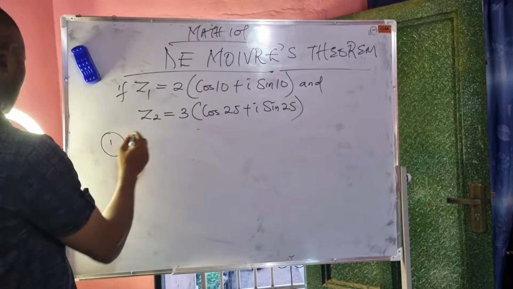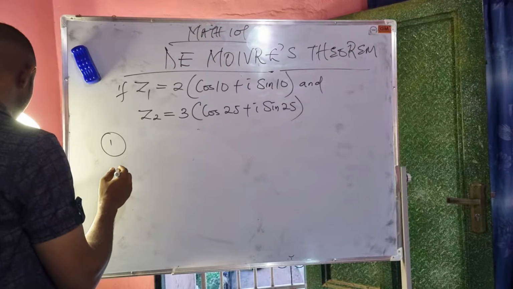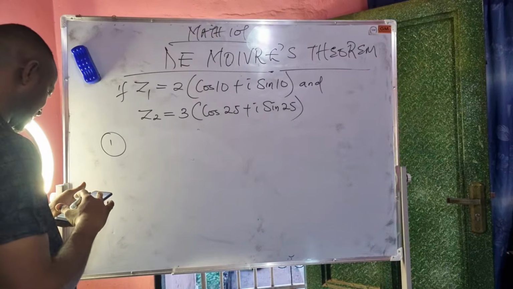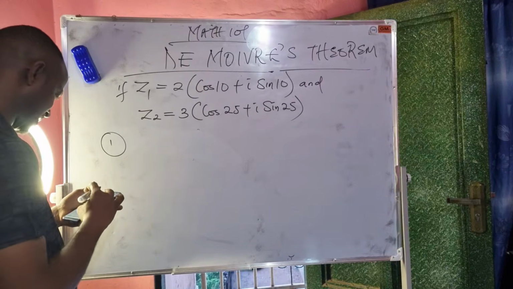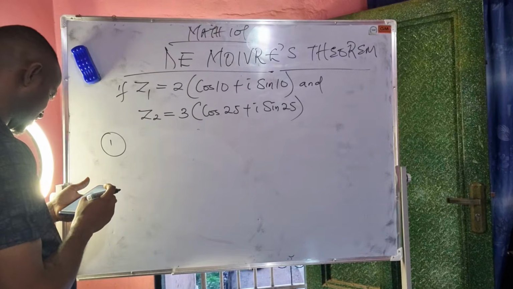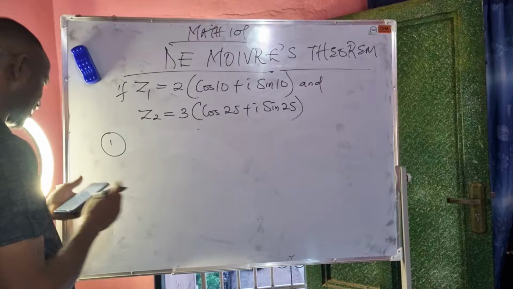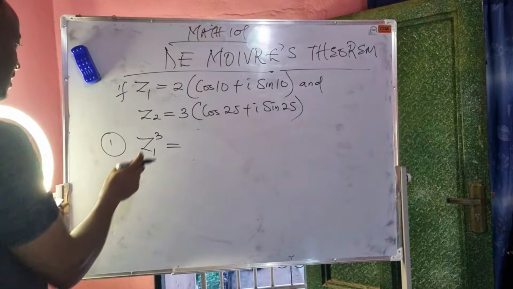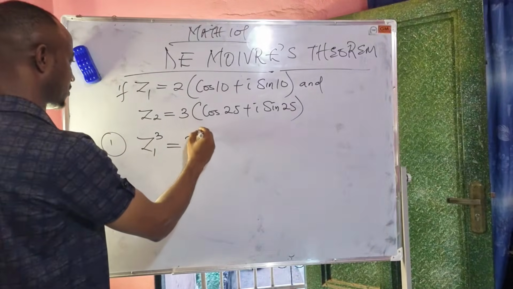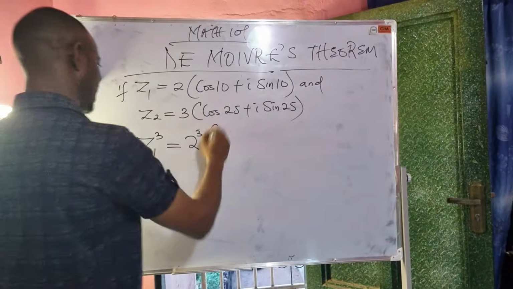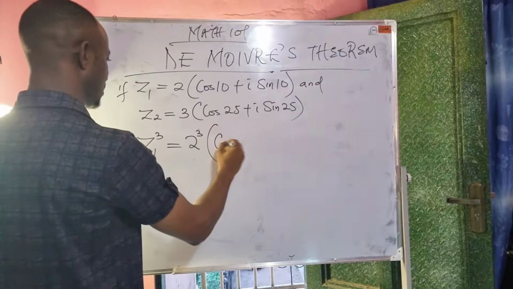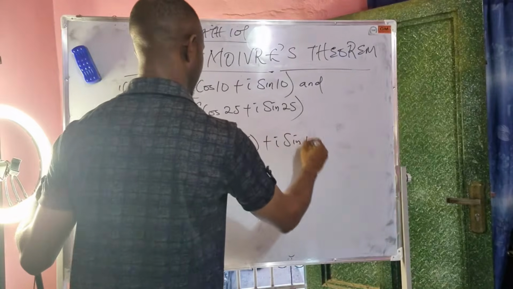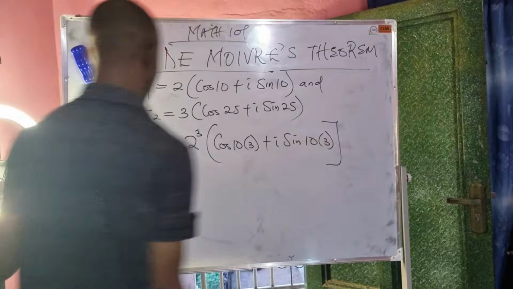Now for the first one, we are asked to find z1 to the power of 3. This will give us, my n is 3. I'm going to have 2 raised to 3, in brackets, and that will give us cos (10 times 3) plus i sin (10 times 3), then we close the brackets.